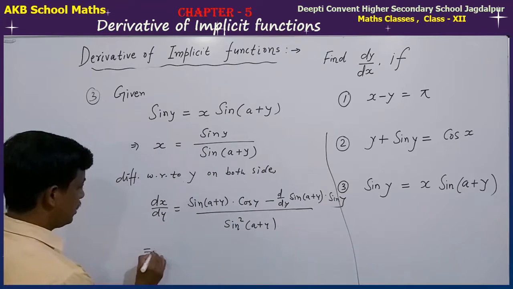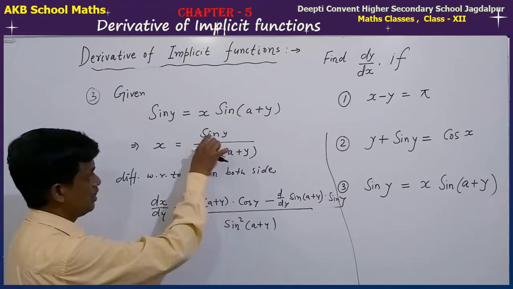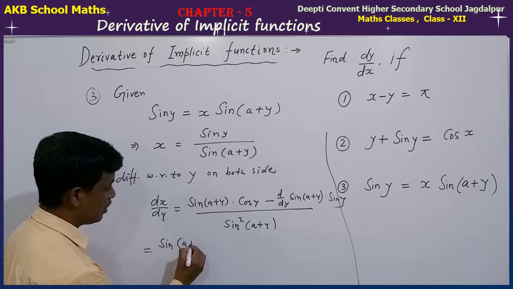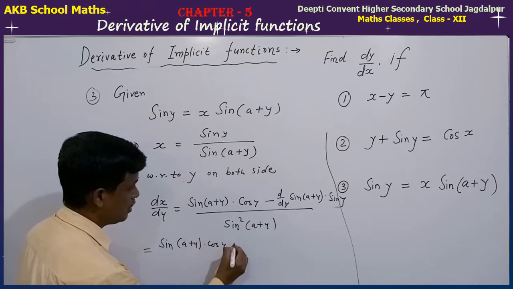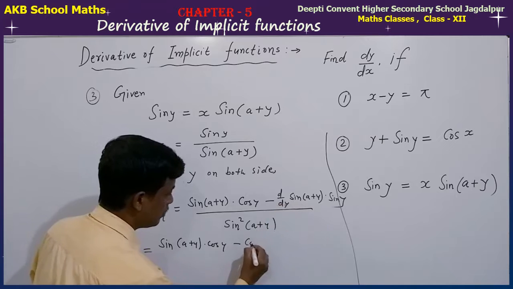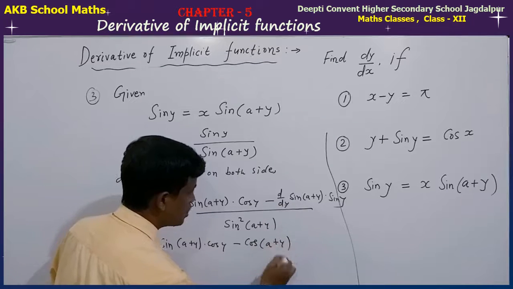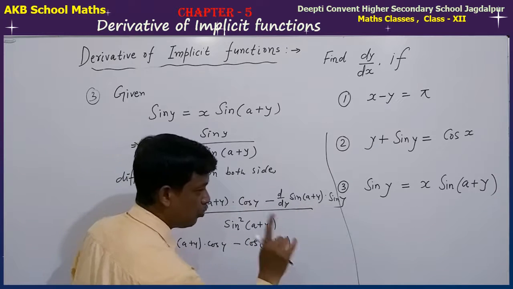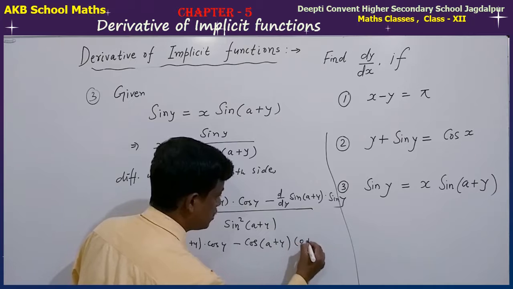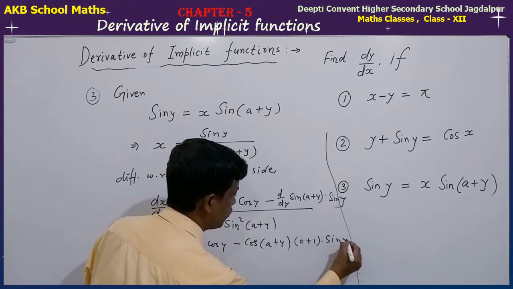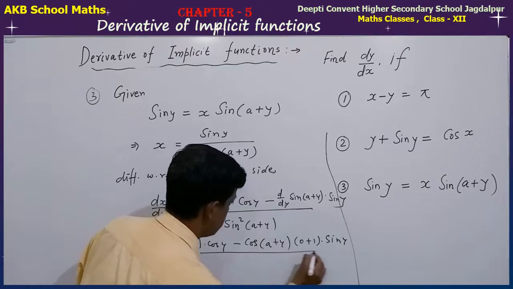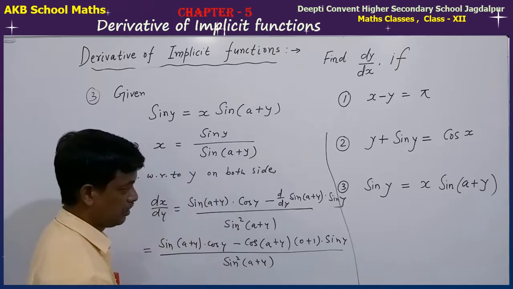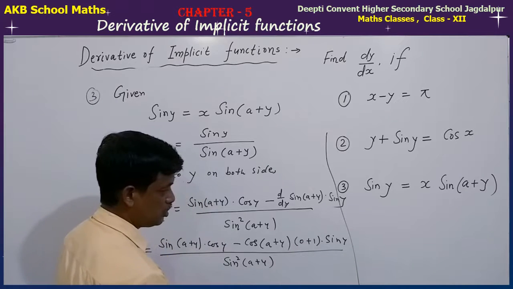So we are getting sin(a plus y) into cos y minus cos(a plus y), also the derivative of this with respect to y. The derivative of a is 0 and of y is 1, so 0 plus 1, into sin y, upon sin square(a plus y).